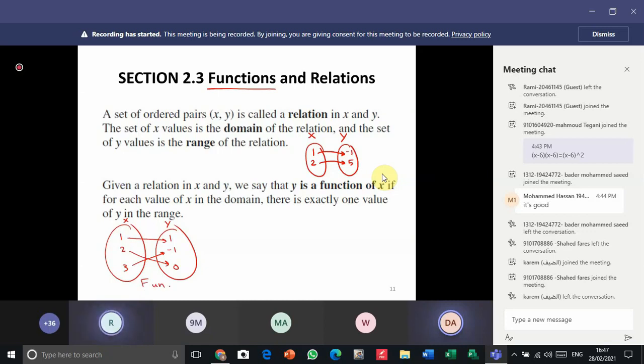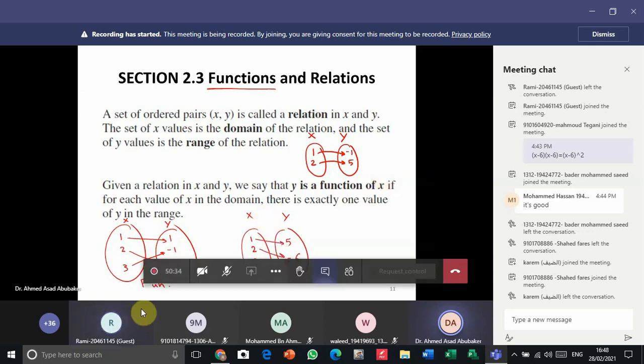This relation we call a function. But if we have, for example, another relation: 1, 2, 3 and we have 5, minus 6, 1, and we have 2, 3, and 5, like this.